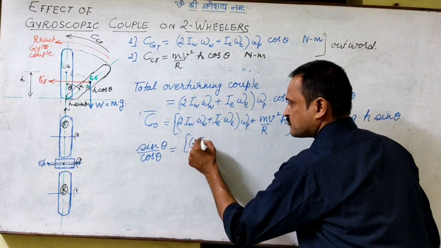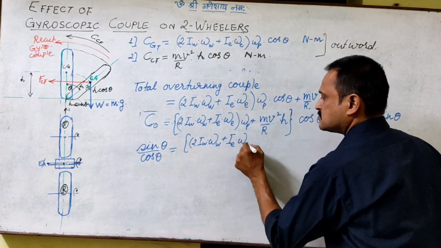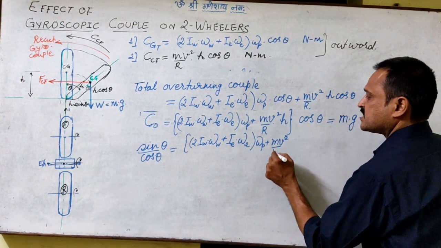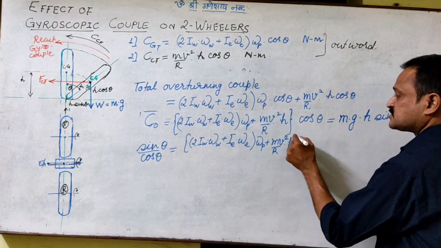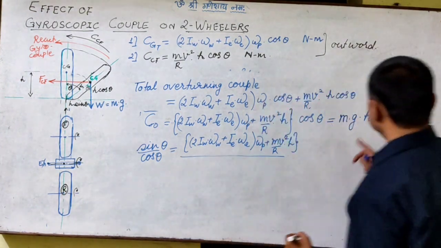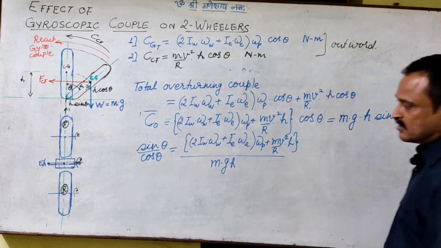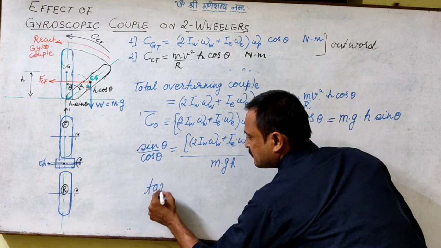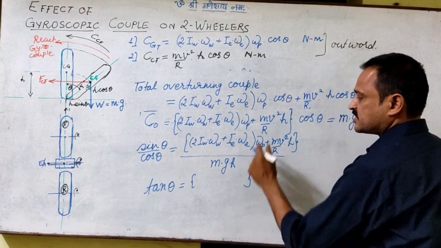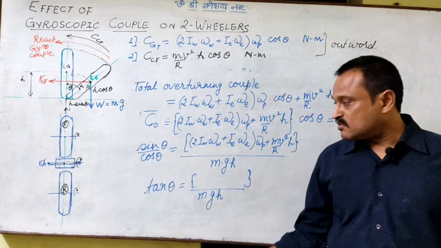So twice of, plus, into omega p plus mv square by r into h, right, divided by mgh. Or I can say this tan theta is equal to this numerator bracket divided by mgh.